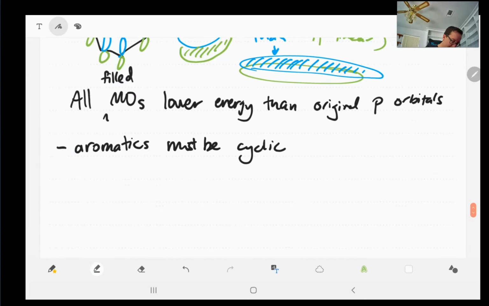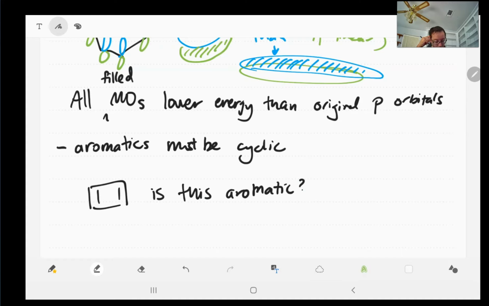So let's look at other ones. How about this guy? Let's see if this thing is aromatic. Let's find out.